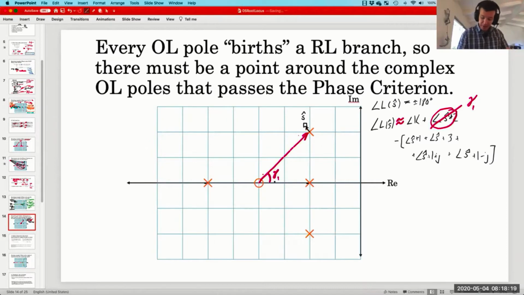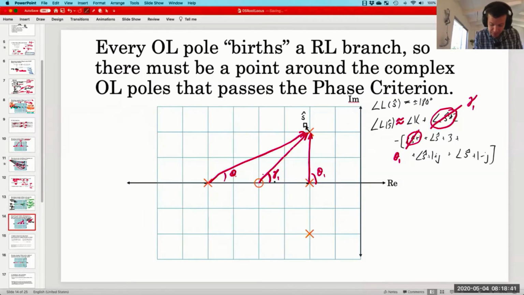And I'm going to keep doing that. I'm going to say, I don't know what this true angle is, so I'm going to approximate it with this angle. I'm going to call that theta 1. And likewise here. So the idea is that I'm approximating these vectors whose tails I know exactly where they ought to be, but whose tips I'm not quite sure.